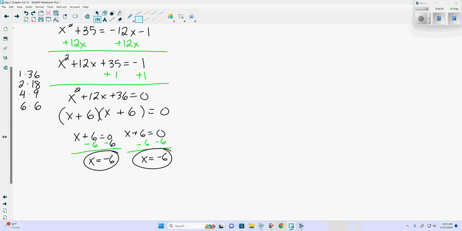Because when we graph it on the table, negative 6 gives us a y value of 0, and that's our solution. We have 2 of them, but they're both the same point. And for all the ones we will do at this point, we won't have any restrictions. Questions on this here? I think we feel comfortable with these, yes?